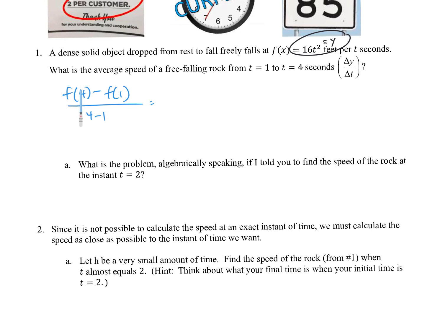Guys, I got to plug in 4 into my f of x function. What is plugging in 4 going to look like there? 16 times 4 squared minus f of 1, 16 times 1 squared, all over, what's that going to simplify to be? 3, thanks.